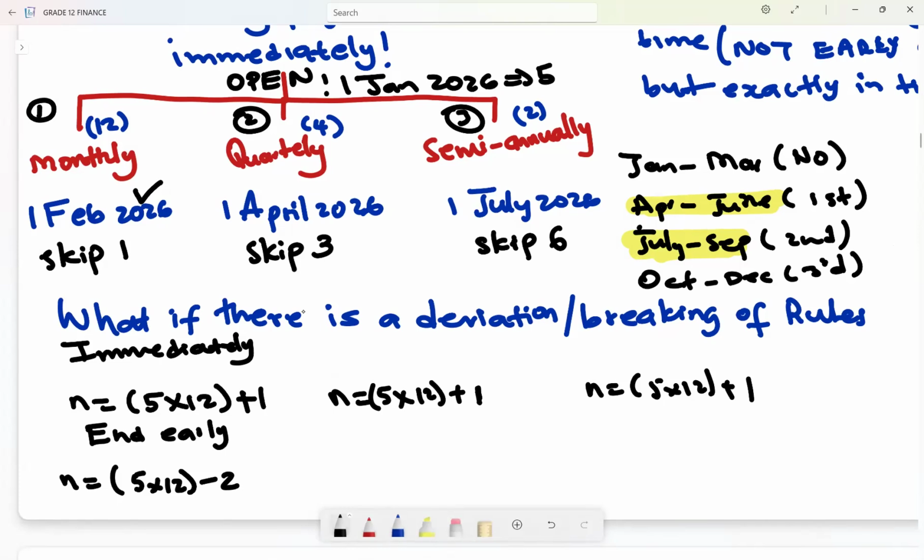But remember, when you end 2 months earlier, you cannot collect your money. You can stop making regular payments 2 months earlier, but you do not collect your money. Your money will be stuck in there until the normal period ends.